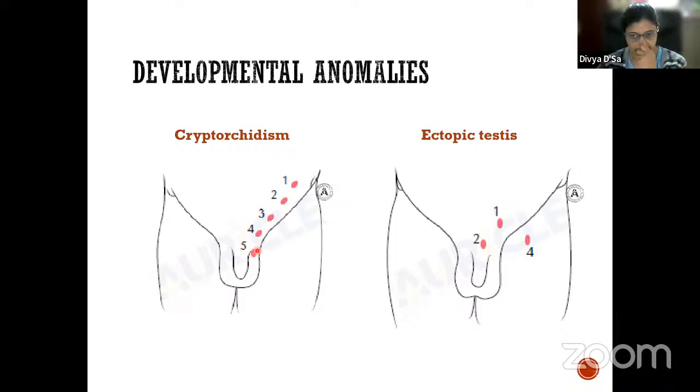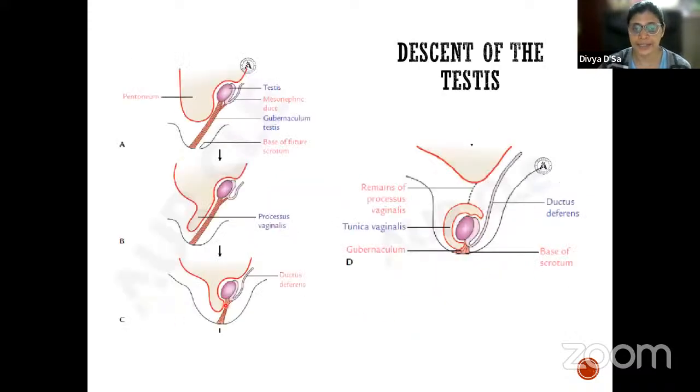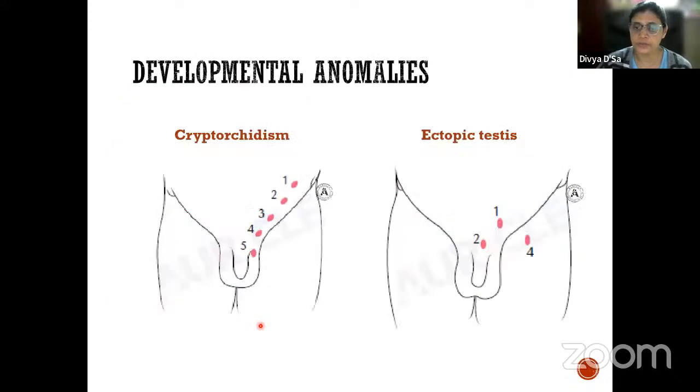Another thing is ectopic testis. The lower end of this gubernaculum sends out fibers, and it will be attached to the pubic bone near the inguinal canal, in the groin region, and these are the fibers of Lockwood. So sometimes the testis, instead of going to the scrotum, may go towards those places where those septa are, and it may remain there.